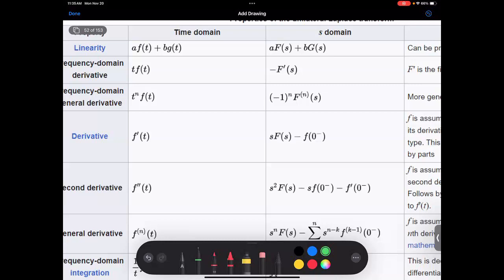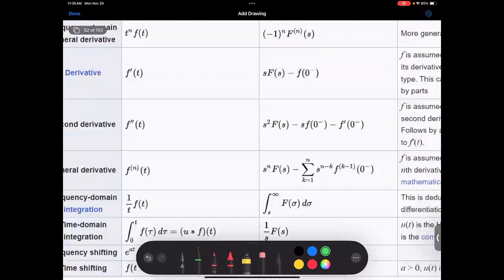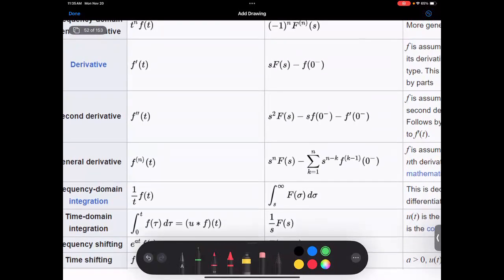And then do some mathematics. If I want to take the Laplace transform of f double prime, well, first I take the Laplace transform of f prime, and then I still have an f prime, so I have to do the Laplace transform again, and so I get a polynomial of degree 2. More generally, I can take the Laplace transform of the nth derivative, and I'll get s to the n times the Laplace transform minus a polynomial in s times constants.